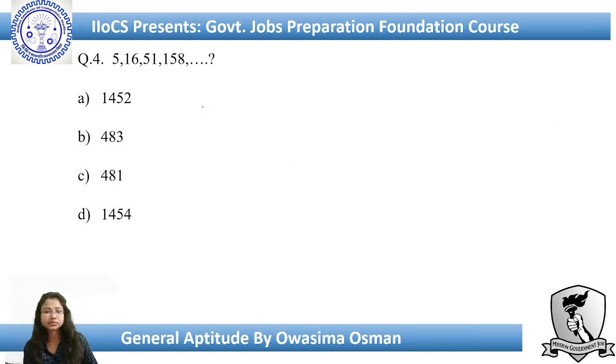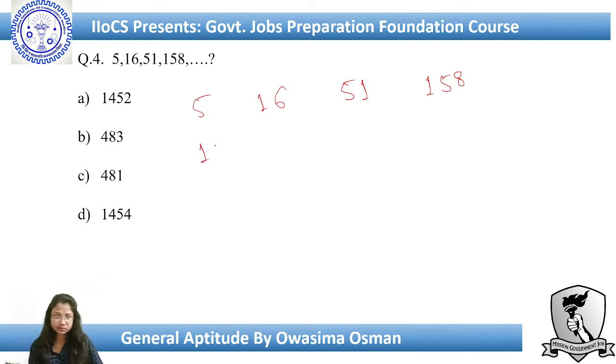Next, 5, 16, 51, 158. So we are following the previous pattern, just trying whether it will happen or not.